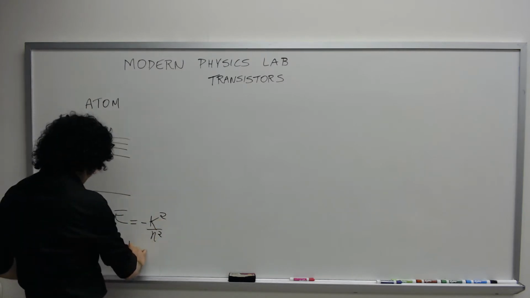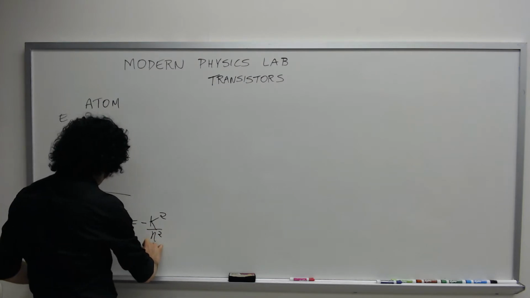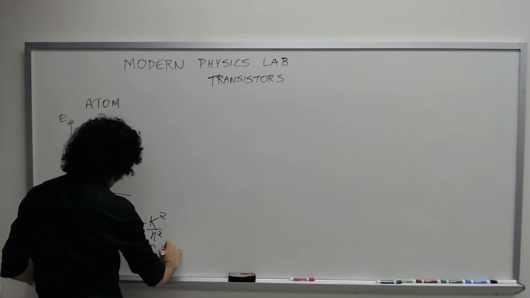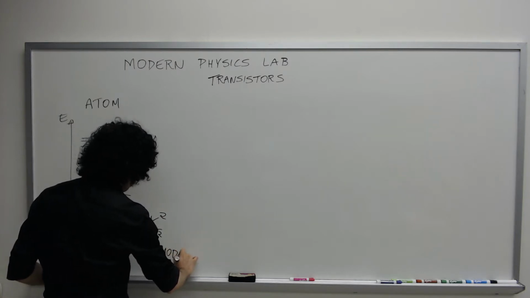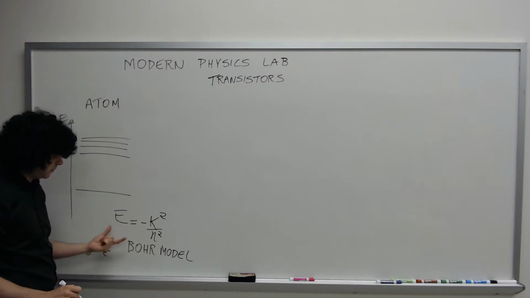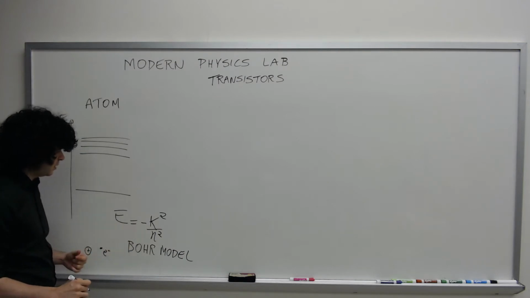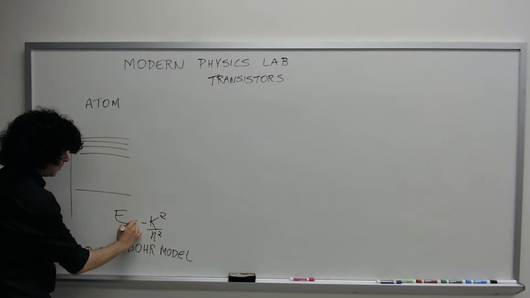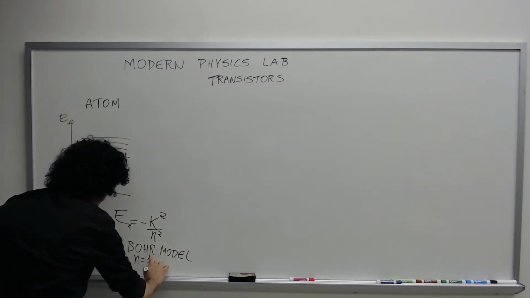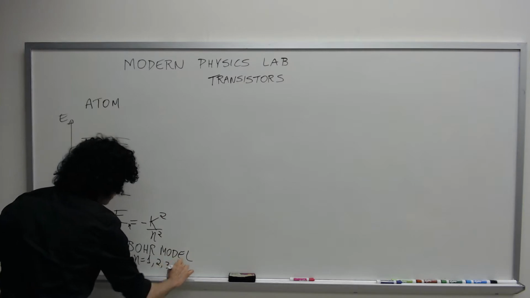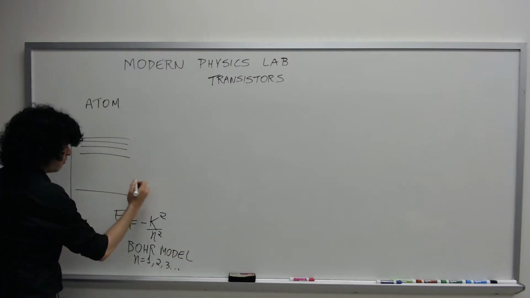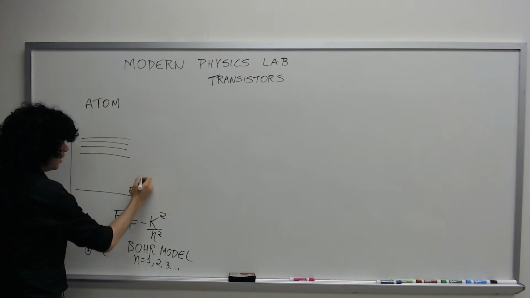And this was explained later on by Niels Bohr. This is from the Bohr model of the electron. You can derive this energy relationship, where n is an integer number, so it's 1, 2, 3, and so forth. Here is the lowest energy level for n equal to 1, this is E1.